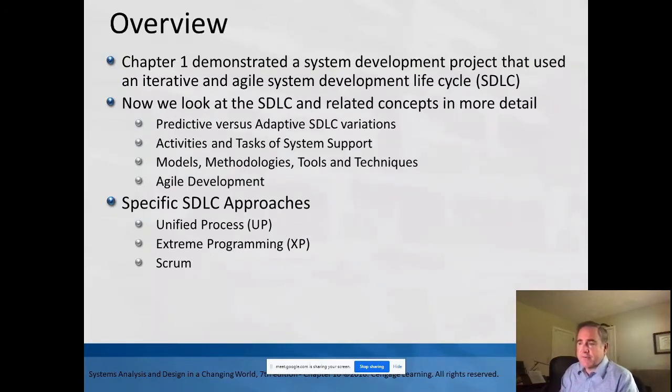The specific models that we'll be building in each of these stages, and the steps in which we come to those models, these are the methodologies, the tools that we'll use to build the models, and the techniques for gathering data and things like that. We'll also look at Agile, Unified, Extreme, and Scrum, and we kind of looked at that last time. I had those short videos that gave quick overviews, but we'll look in more detail on these steps.